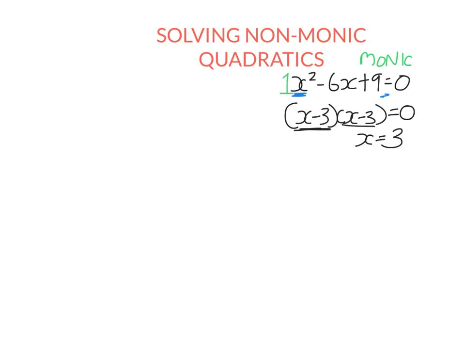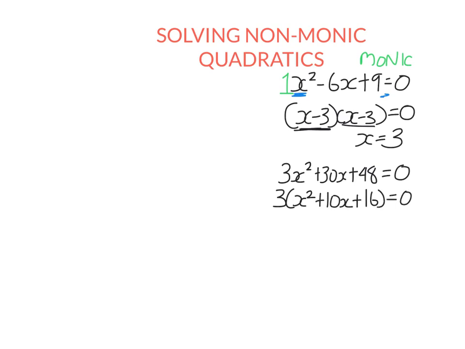Well, let's say we had something like 3x squared plus 30x plus 48 is equal to 0. So the number in front of x squared isn't 1, but this really is like a monic quadratic. Why is that? I can simply take out a common factor of 3, and then I can divide each side by 3 to make this monic.